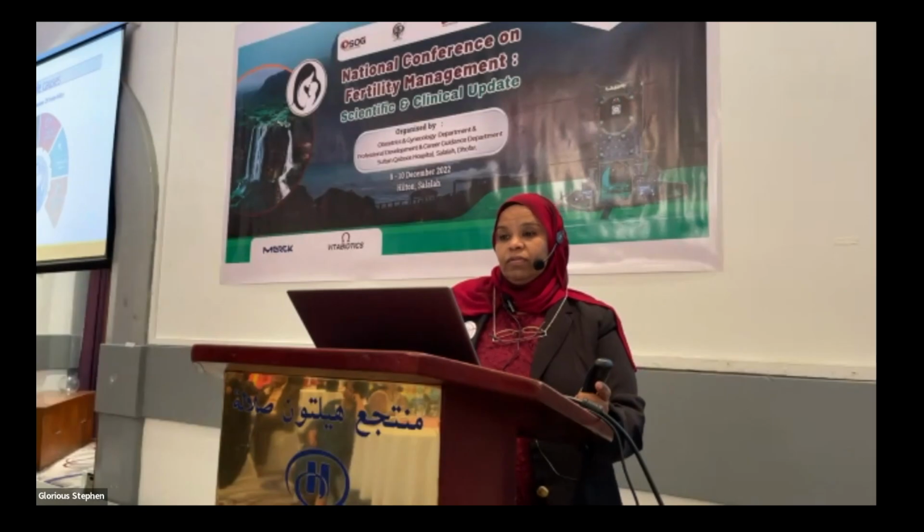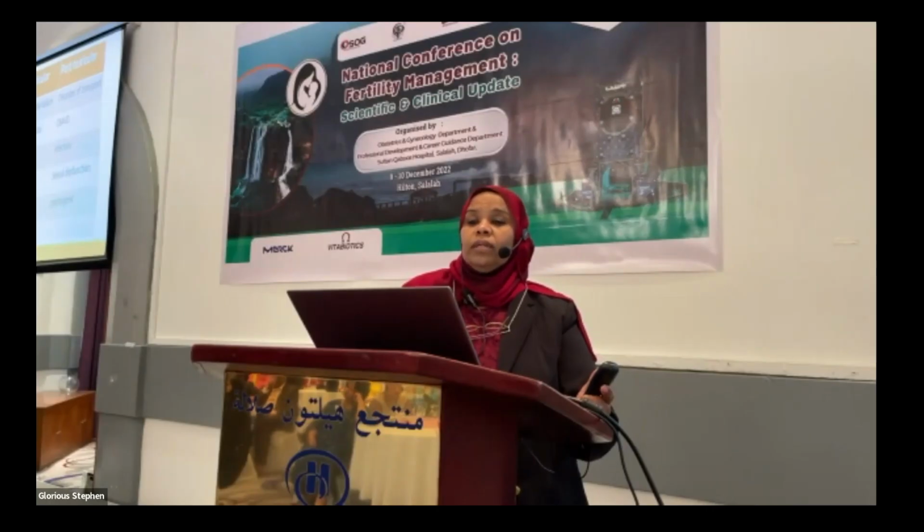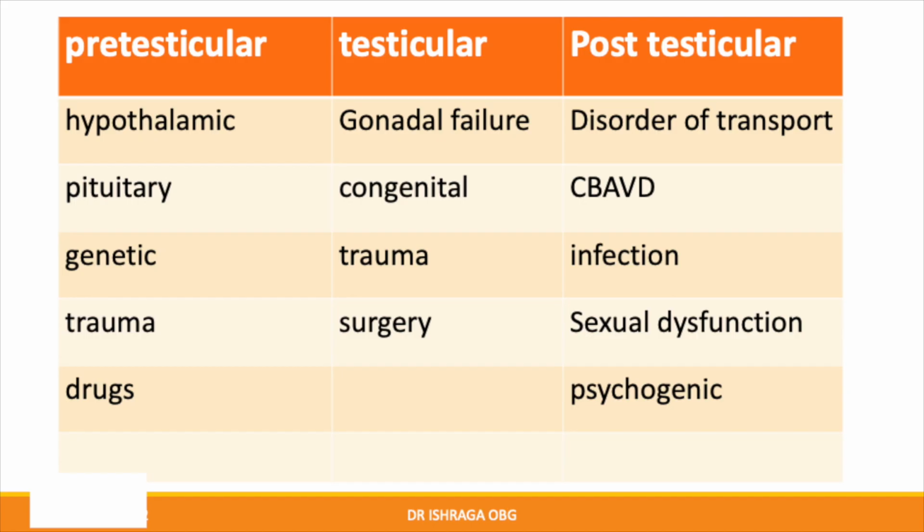Main causes of male infertility: volume of semen, motility of the sperm, erectile dysfunction, structural defect, obstruction in the genital tract, and sperm count. Can be categorized into pre-testicular, testicular, and post-testicular causes.